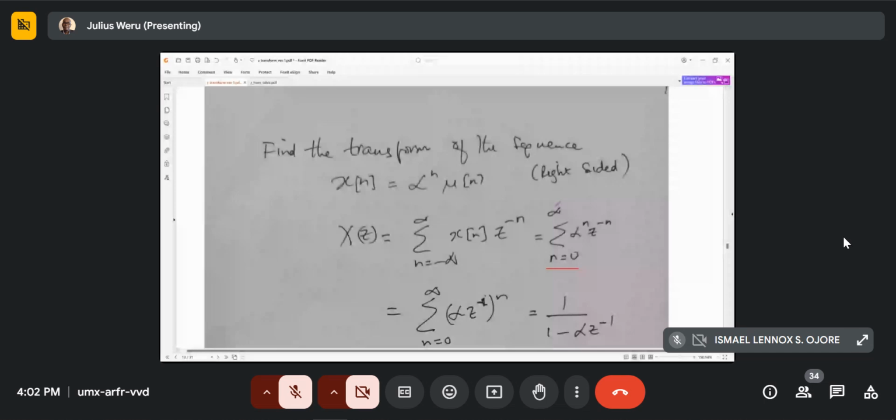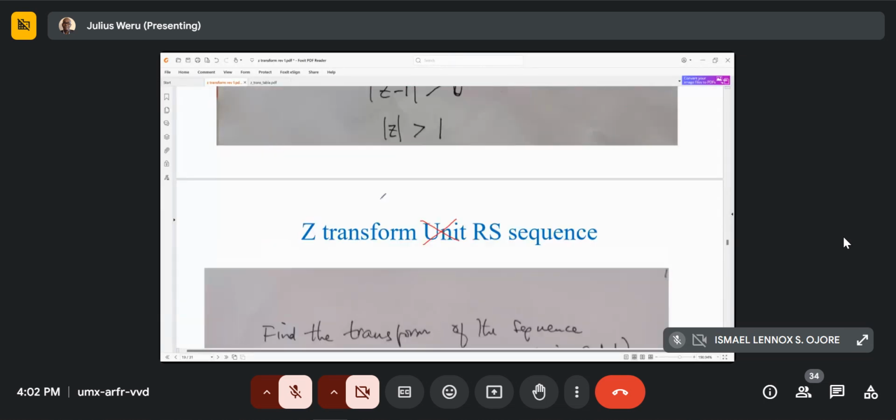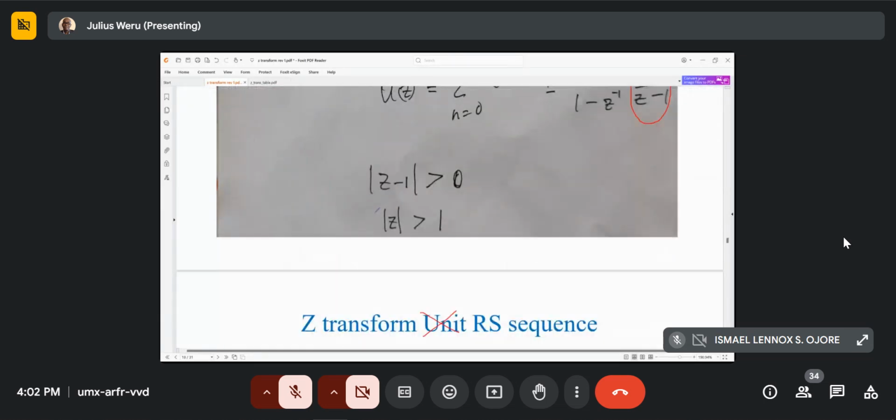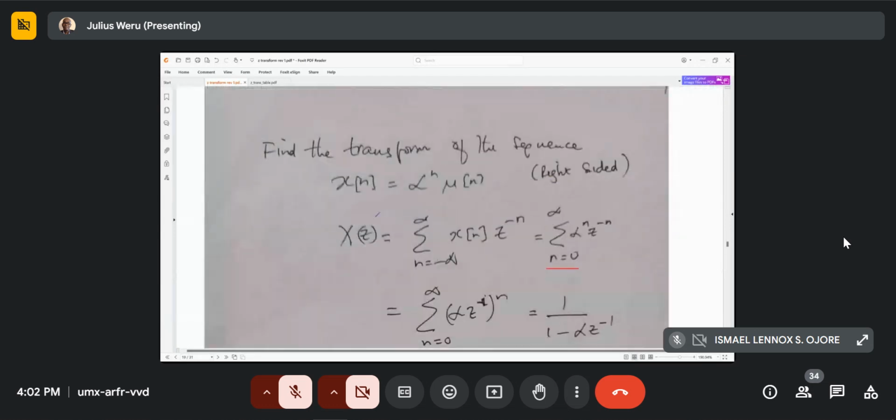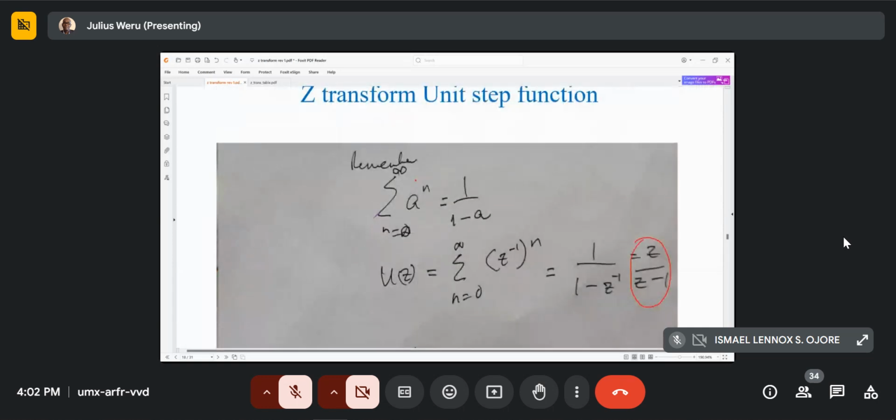You use the same formula, because the moment you have limits from 0 to infinity, then you use that sequence. Always remember this, it makes work very easy.